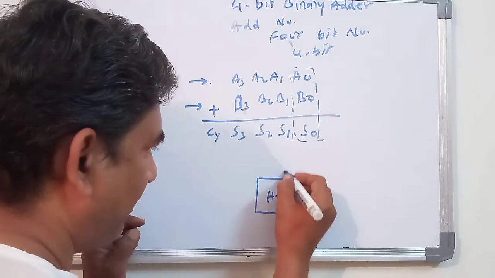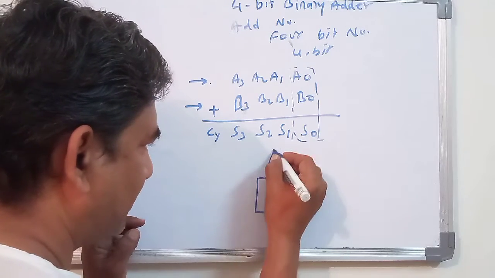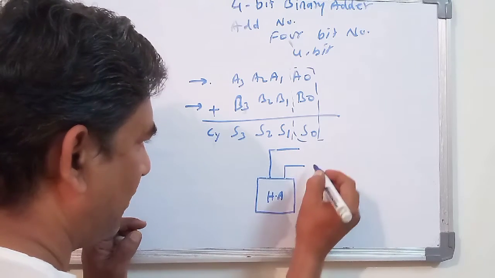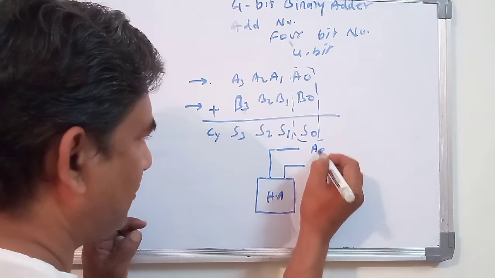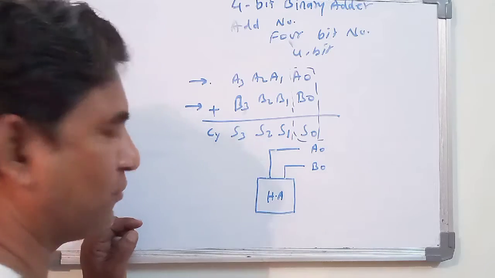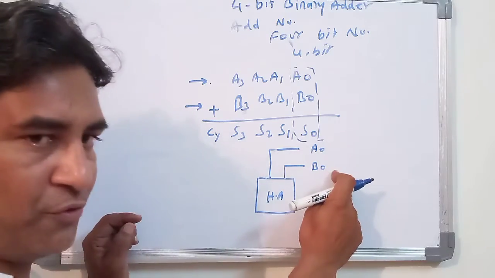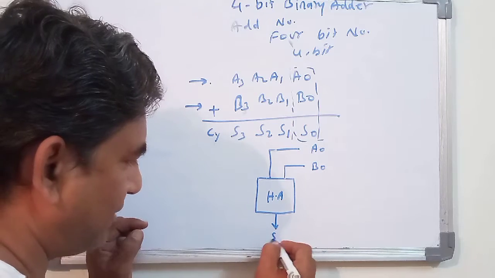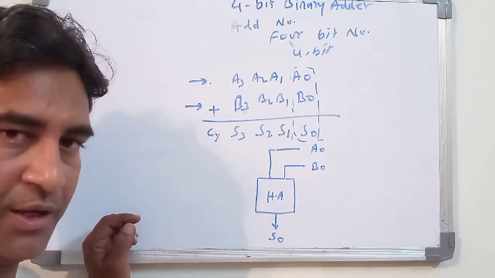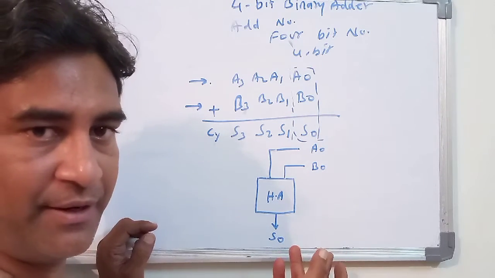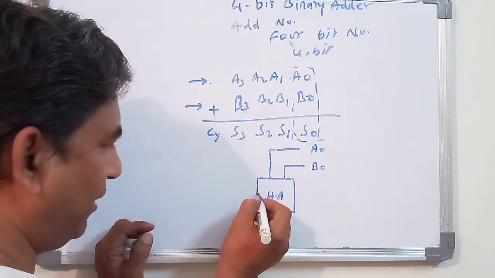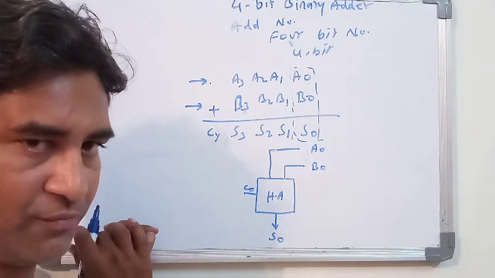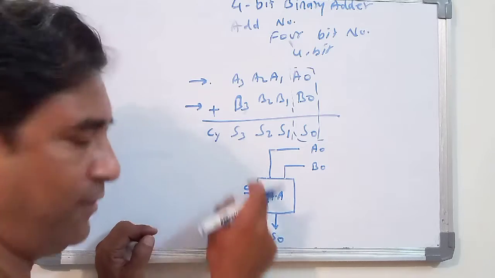In this half adder, you mark the first number and the second number: here it is A0 and here it is B0. Whatever addition occurs, we get the result, shown here as S0. If a carry is generated, then that carry is connected to C0, or you may write it as CY0.